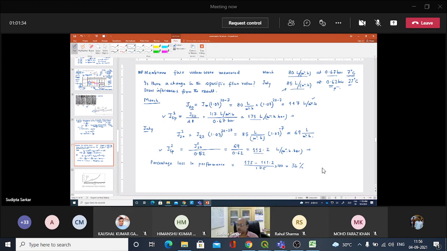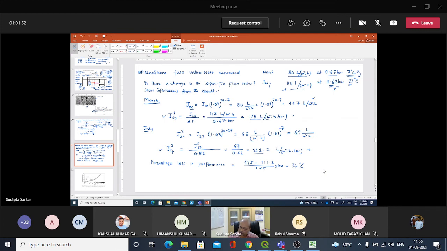But this is not so, because the temperatures are different, and your membrane would have actually given better performance, but you have a loss in performance. And what is the loss in performance due to?